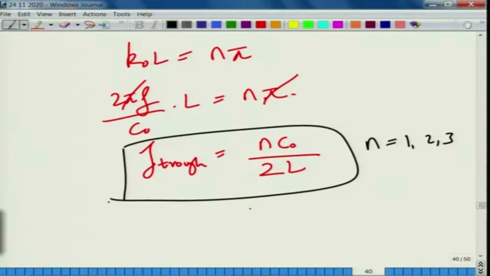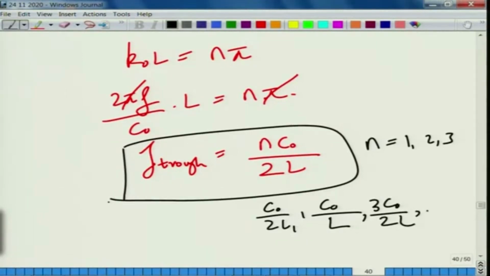So, for non-zero frequency, when you put c naught by 2L, c naught by L, 3 times c naught by 2L and so on, you get the frequencies of trough.